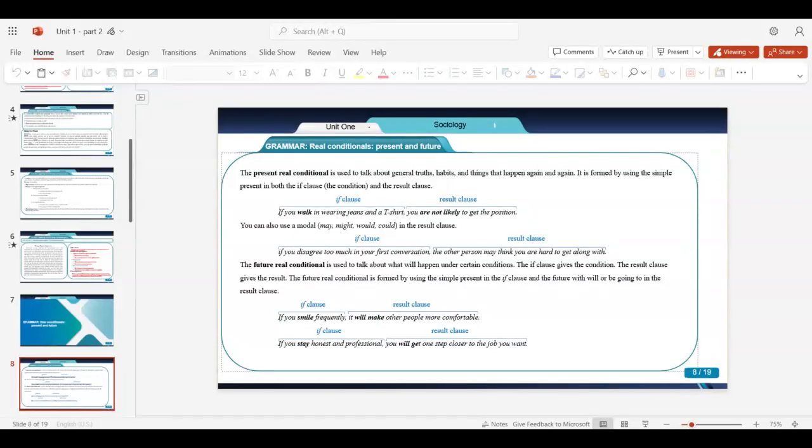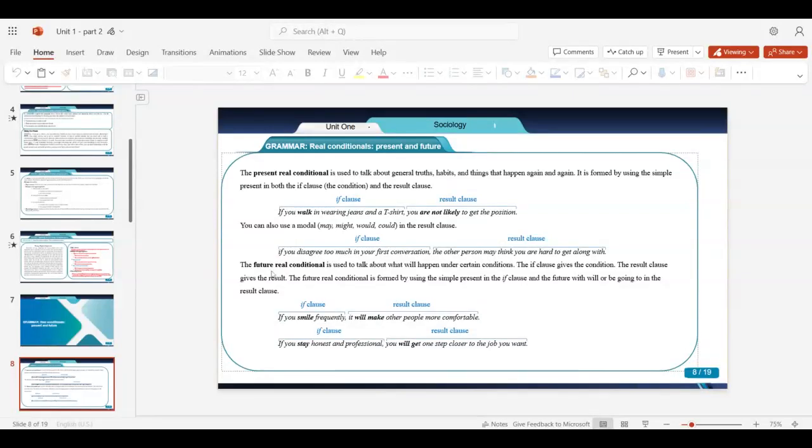Keep in mind where we use it and how many clauses we have in the real conditional. We always have two clauses, the if clause and the result clause.